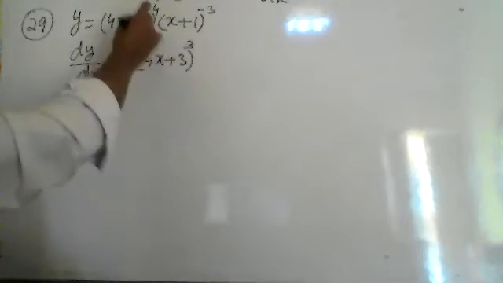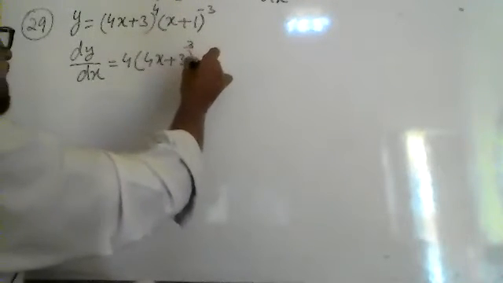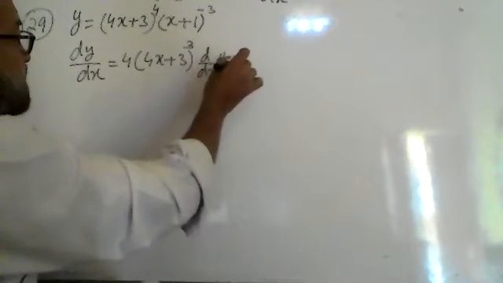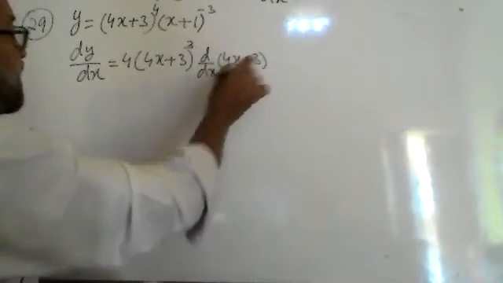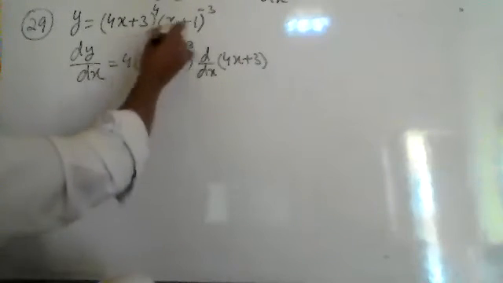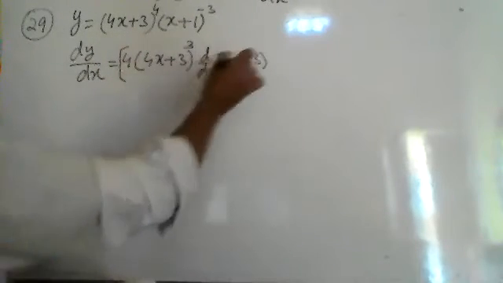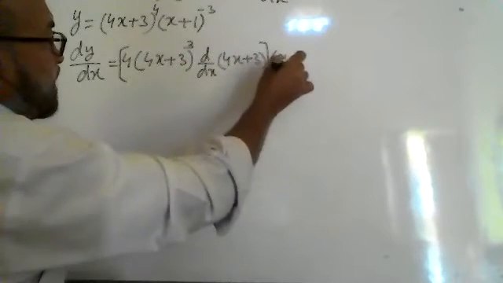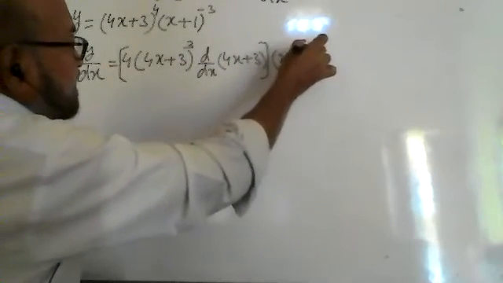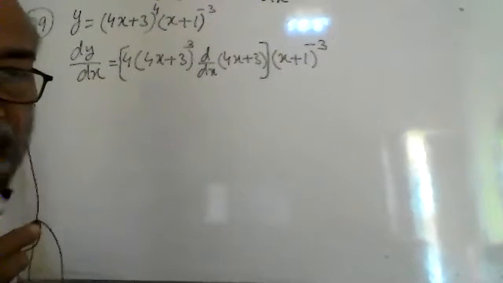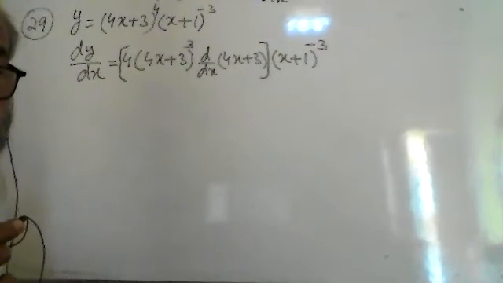Into derivative of what is inside, derivative of 4x plus 3. Into the second function, x plus 1 whole raised to power minus 3.